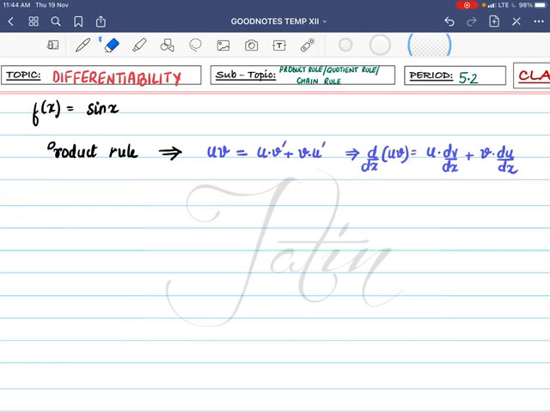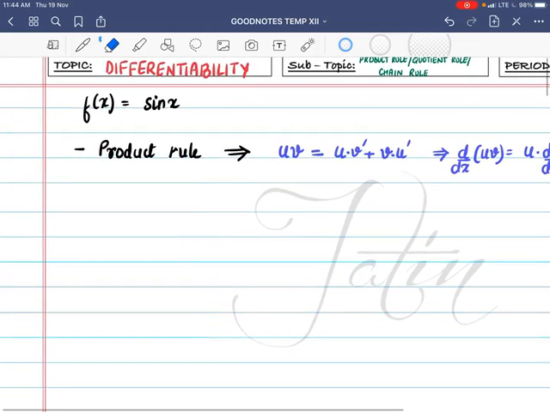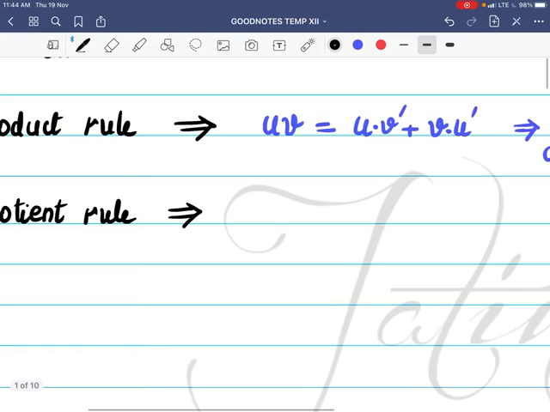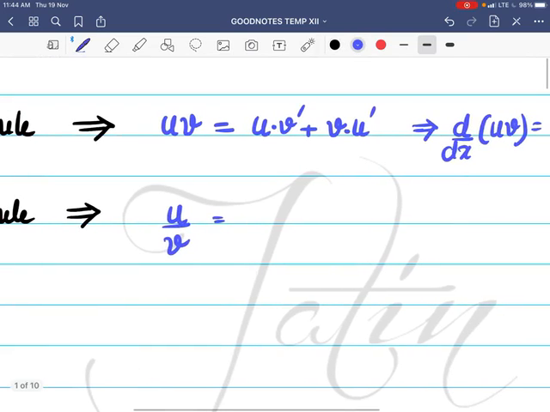Now the second rule that we have to learn about is the quotient rule. The quotient rule says that there are two functions, but the two functions are in this manner. The formula will be written as, we'll have in the denominator the square of the second function.